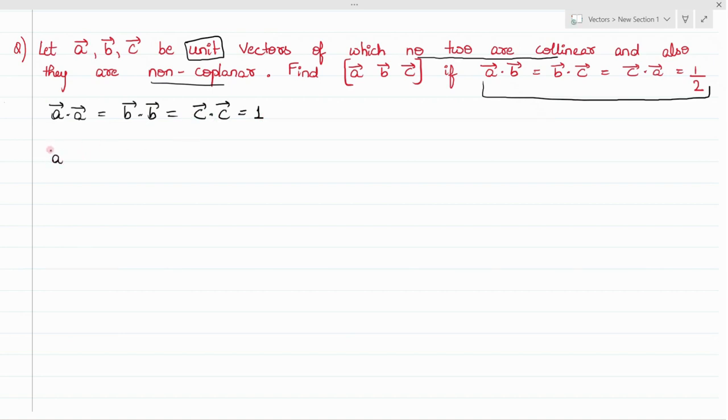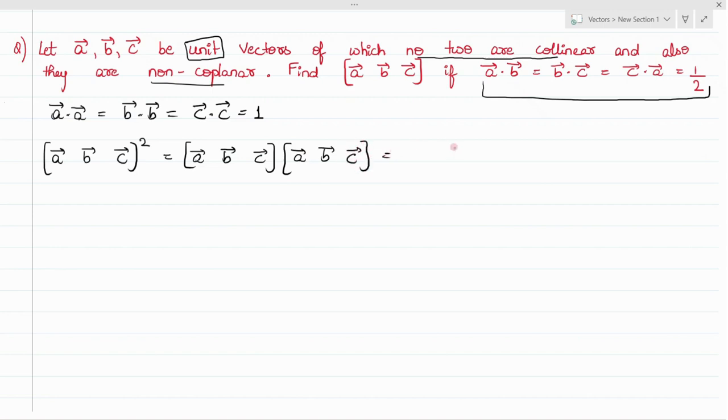Now we need to find the box product of A, B, C. Now let's do this square. What we'll get? It becomes [A B C] multiplied with again [A B C].